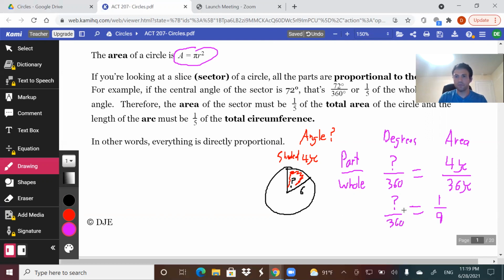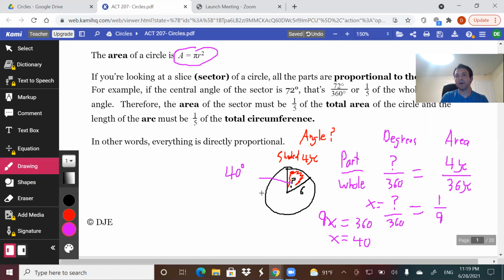So really, if we were to figure out what the question mark is, it's just 1/9 of the whole thing. I'm just going to call the question mark x now, just to keep it in algebraic form, x over 360 equals 1/9. And 360 divided by 9 is going to be 40. So we'd say, okay, that's going to be 40 degrees.